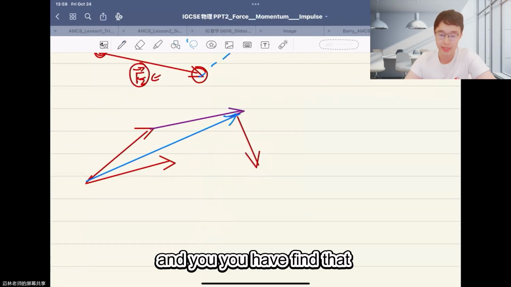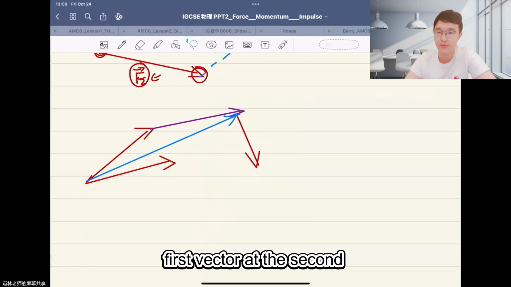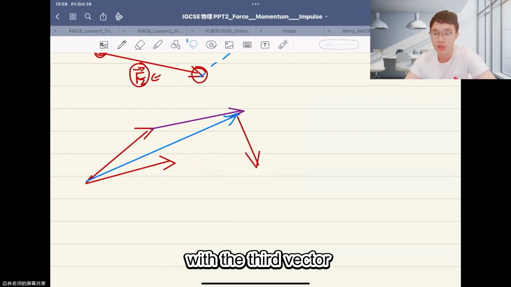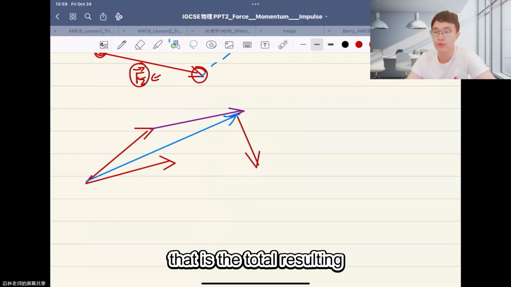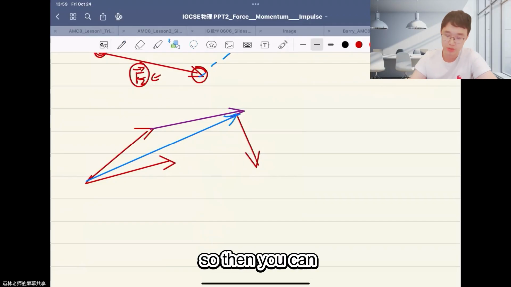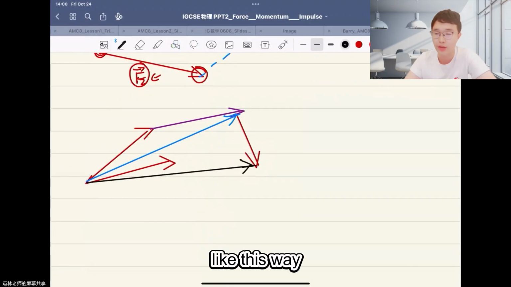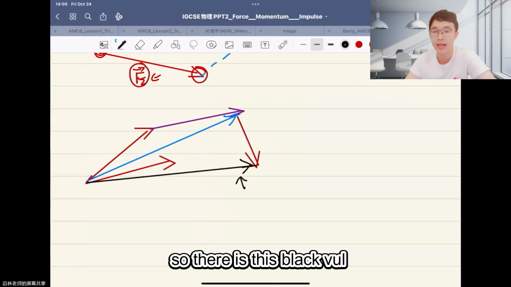You will find that the blue vector means the first vector added with the second vector. If we add the blue vector with the third vector, that is the total resultant force for the three forces. Then you can use maybe a black pen to draw an arrow from the starting point to the terminal, like this way. So there is this black vector.